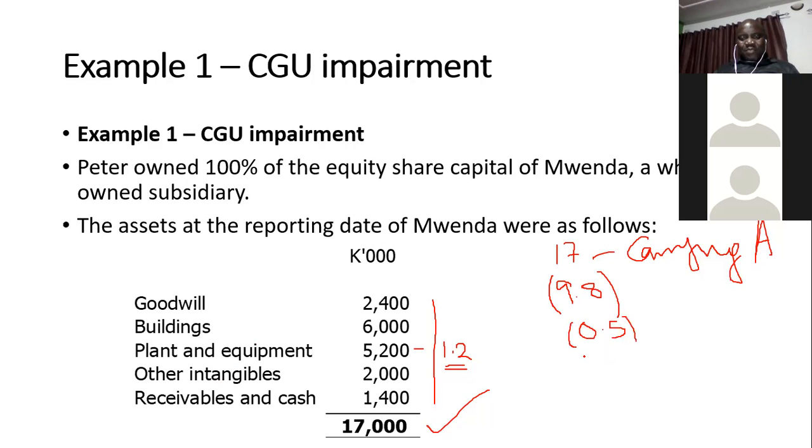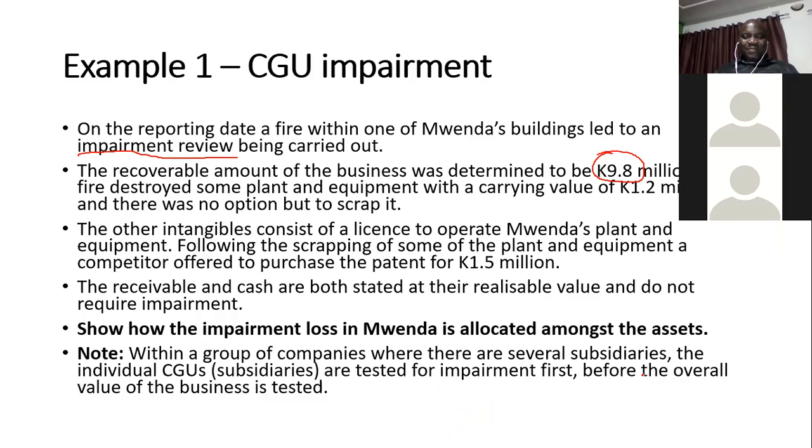There was also a 1.2 that we had to remove there. Okay. The fire destroyed some, okay, I've read that. The receivable and cash are both stated at their realizable value and do not require impairment.